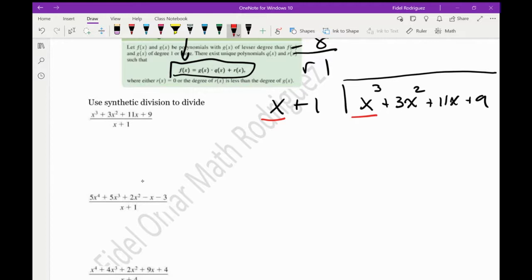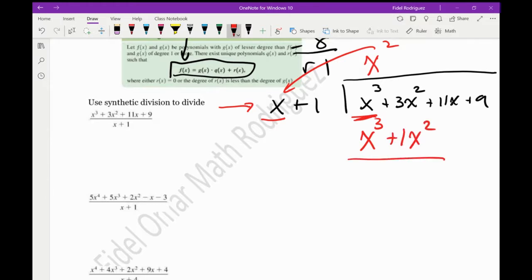So I would have to ask myself, what do I need to multiply x by so that I would get x to the third? We would say, oh, we got to multiply it by an x squared, because x squared times x gives me x to the third, and x squared times 1 gives me a plus 1x squared.